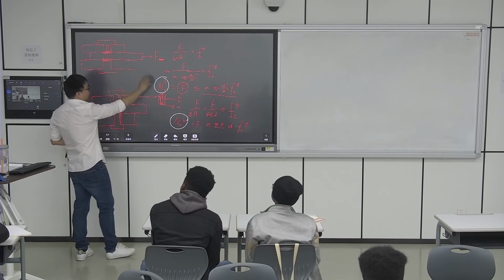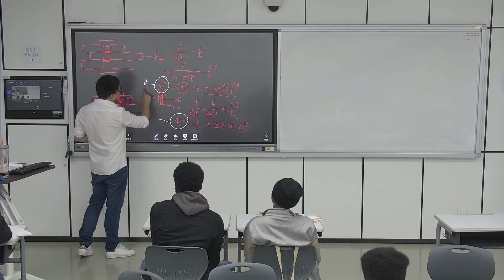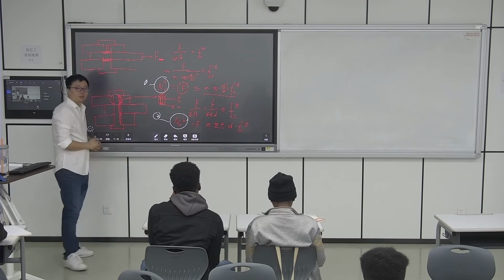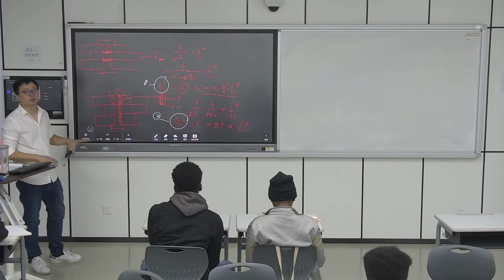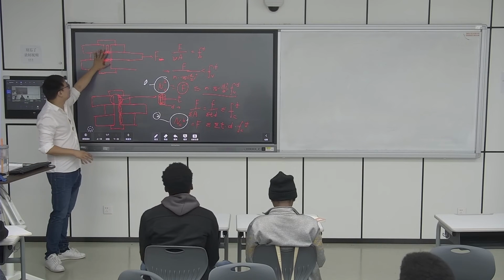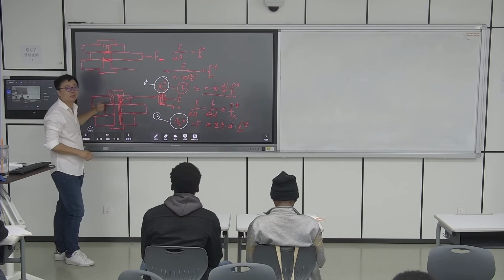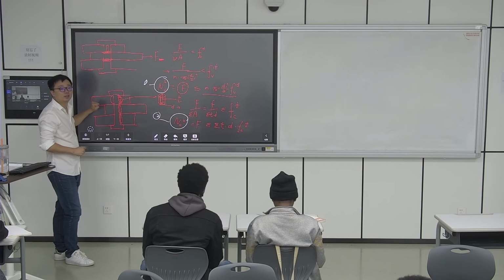The strength of the bolt will depend on these 2 pyramids, 1 and 2, right? It depends on this because the bolt will be subject to these two stresses. Clear?